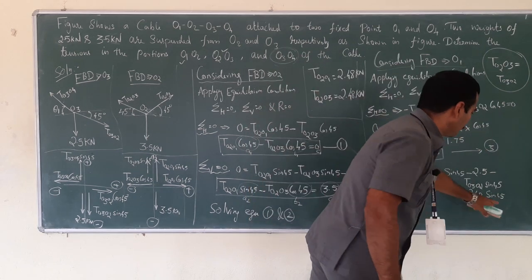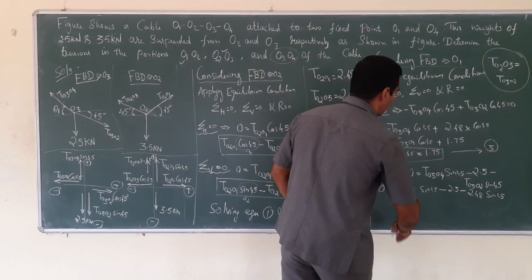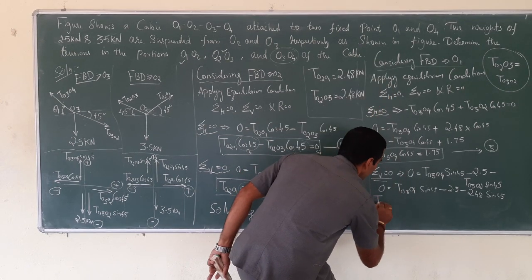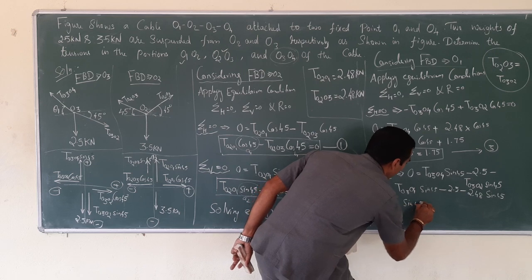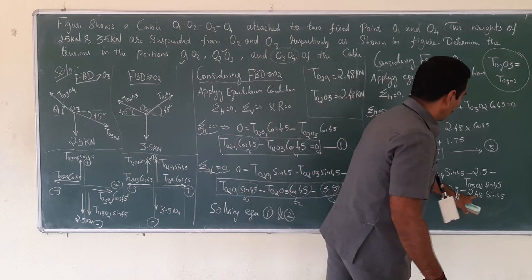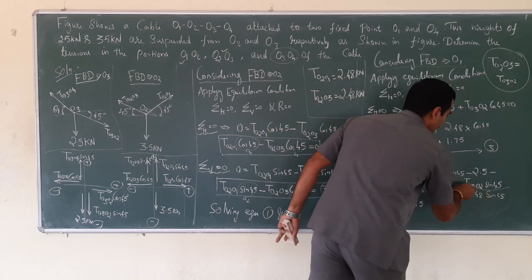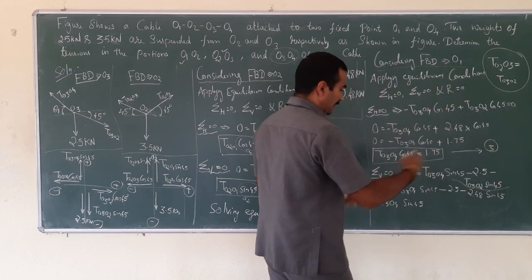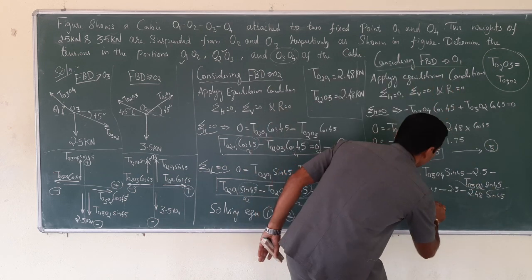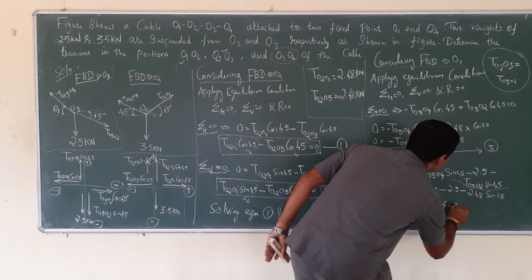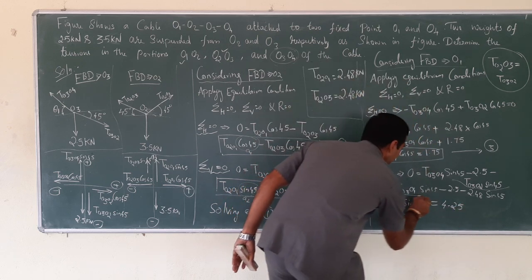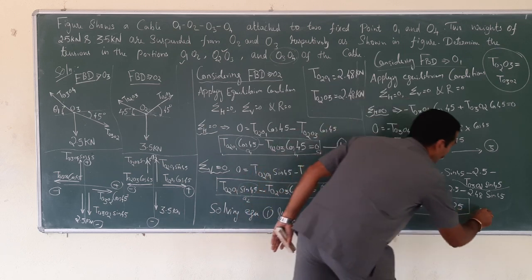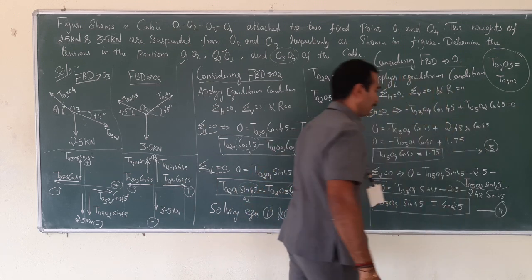If you just feed this value in the calculator, you will get T O3 O4 sine 45 in minus value, right? If I just take it to the other side, you will get 4.25. So let me consider this as equation number 4.